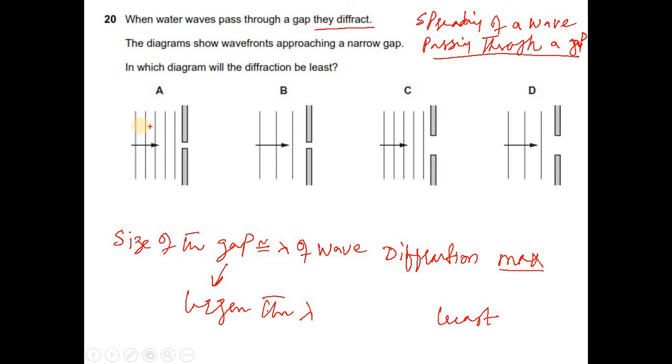Remember, whenever you see wavefronts, the distance between two wavefronts shows the wavelength. If that distance and the gap are approximately the same, there will be maximum diffraction. Here the wavelength is greater than the gap size, so there will be no diffraction because the wave cannot pass through the gap.